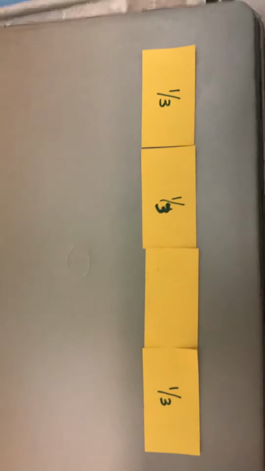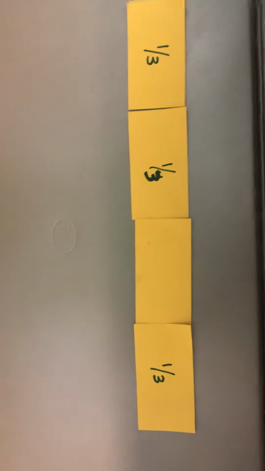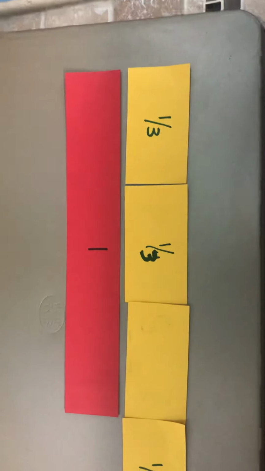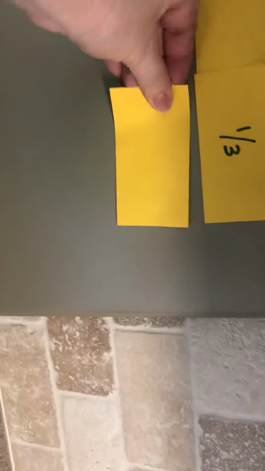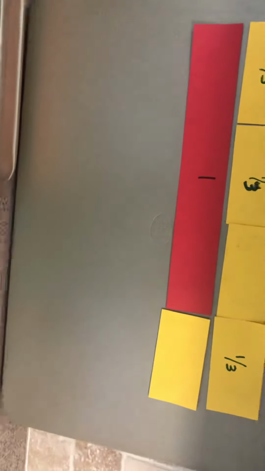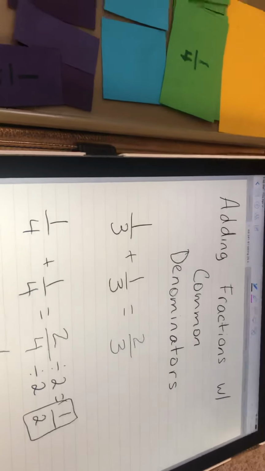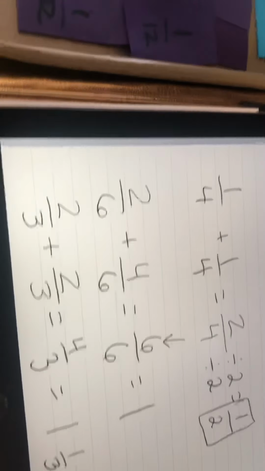That's equivalent to 4/3 that we can put together. And we notice that that is equivalent to 1 whole and another 1/3. So 4/3 is equivalent to 1 and 1/3.